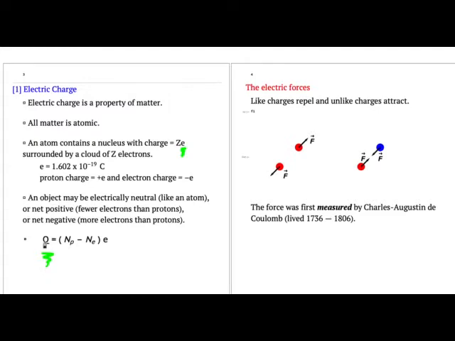And Q is just the sum of all the charges of the subatomic particles. It's the number of protons times e minus the number of electrons times e. So if the number of protons and electrons are equal, the charge will be 0. But the charge could be positive or negative.